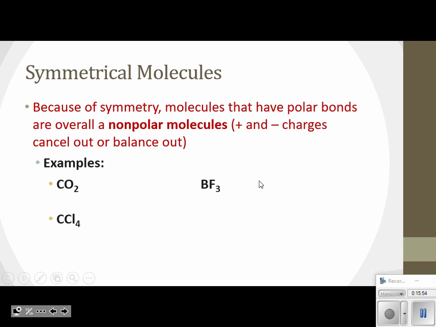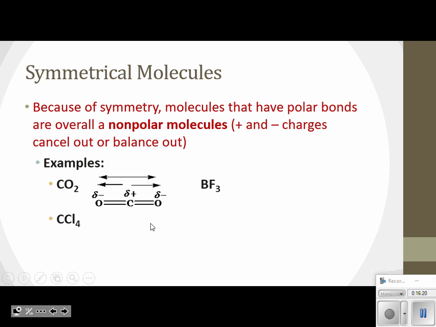Now, let's look at some of these, okay? We just looked at carbon tetrachloride right there. Here's carbon dioxide, and here's boron trifluoride, okay? If you look at carbon dioxide, it's a double bond. The oxygens are winning the tug of war.